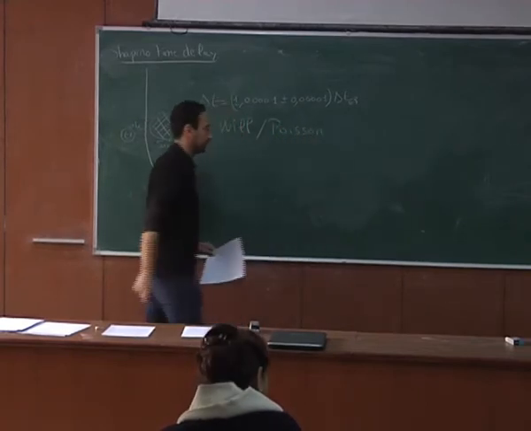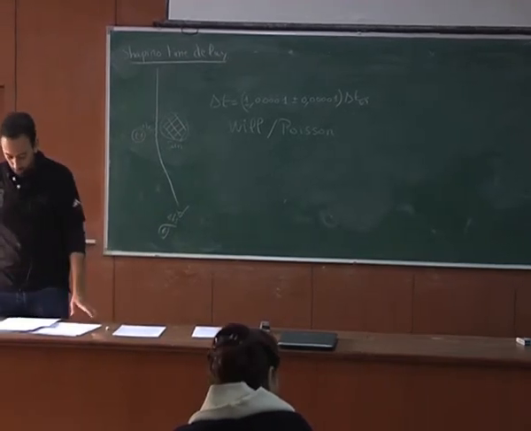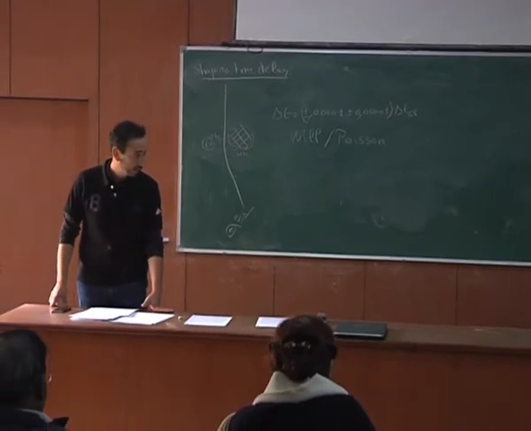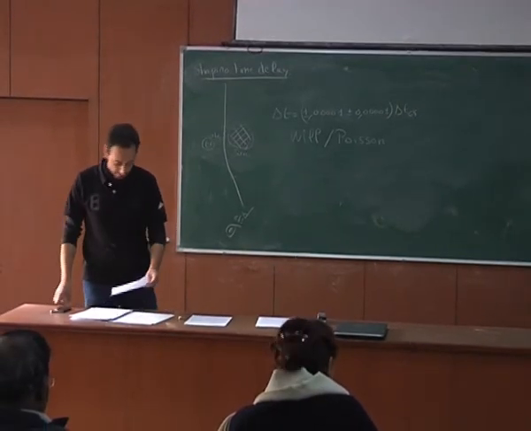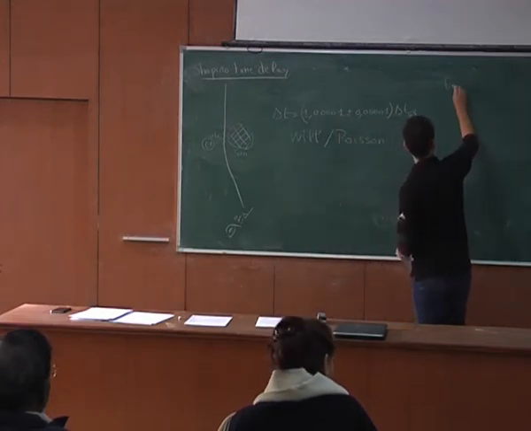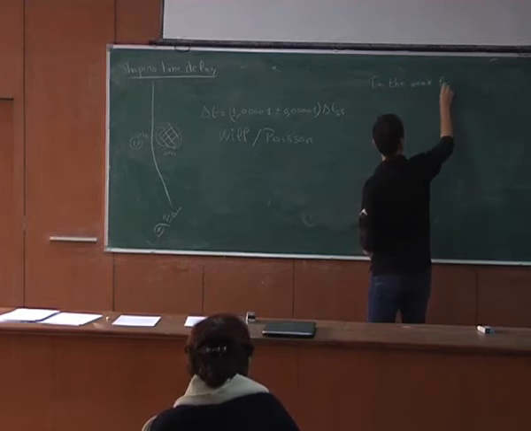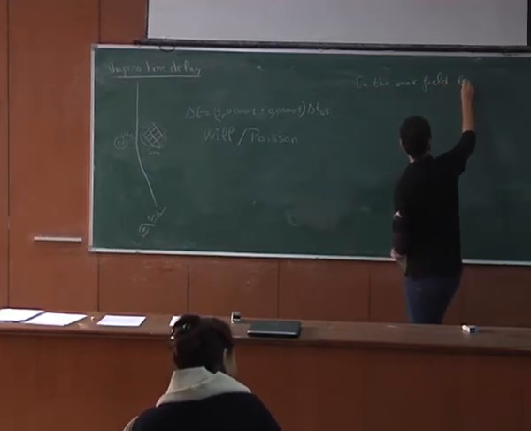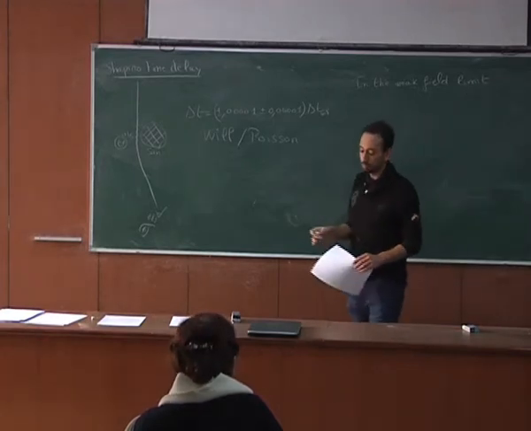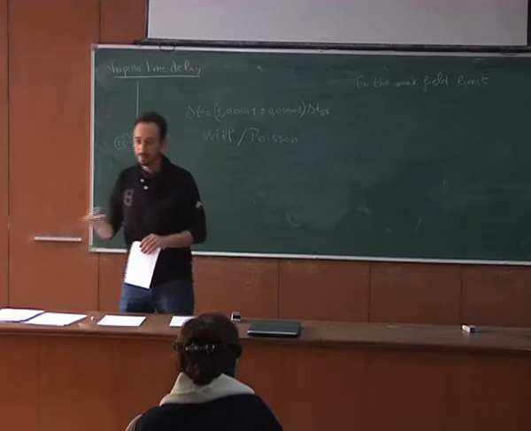And Poisson, they have only one book together, which summarizes this kind of aspect. So the idea is the following: in the weak field limit, because we are always in the weak field limit, it means that when the gravitational field is small, it's almost Newton, but not exactly.